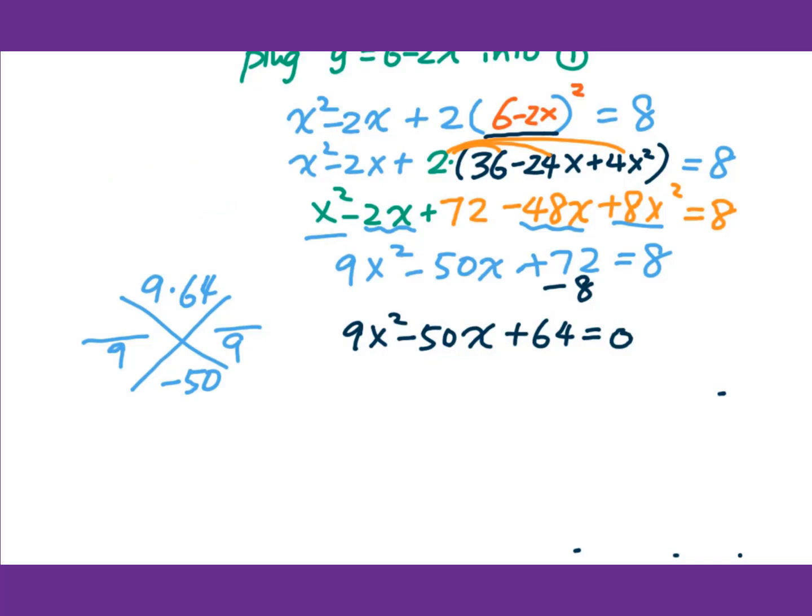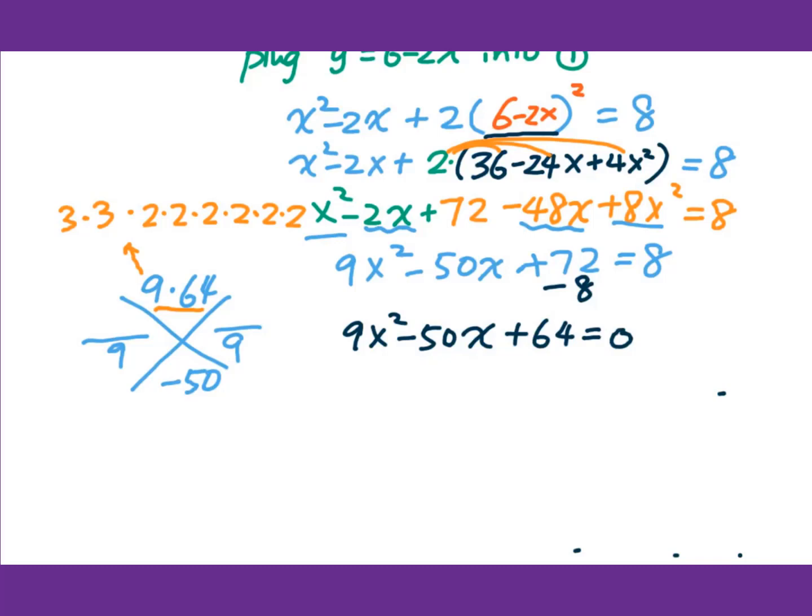If you have a really big number like 9 times 64, just factor that into primes. Like 9, I can write down 3 times 3. For 64, I can write down 2 times 2 times 2 times 2 times 2 times 2, a 6-factor multiplication. Then check which two factors you can get the 50.